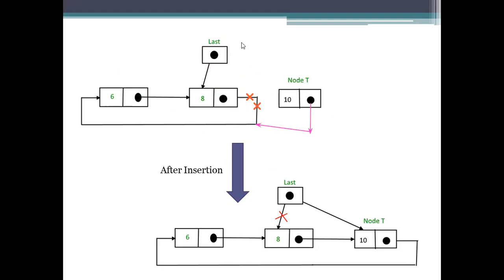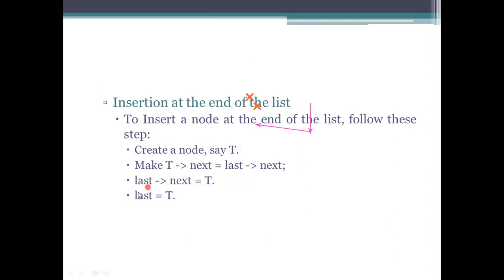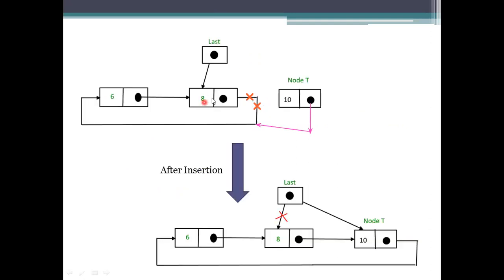And what is the other one? We need to update the present last next to T. Okay. So here the last next will be this one. Last next will be this one.